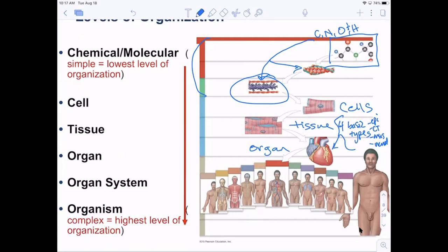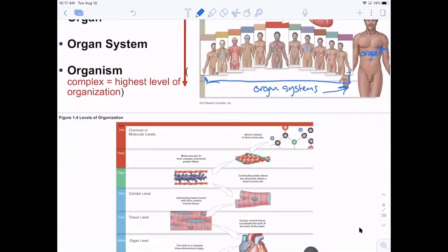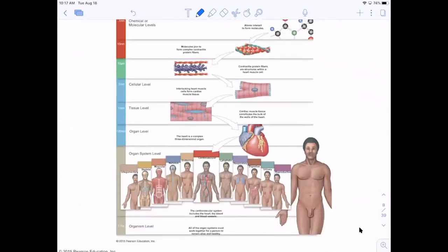So these are all organs. And when all of the organs are together working for the organism, these are all organ systems. And when you have all the organ systems working together, we call this the organism. So this goes through levels of organization from smallest to largest.